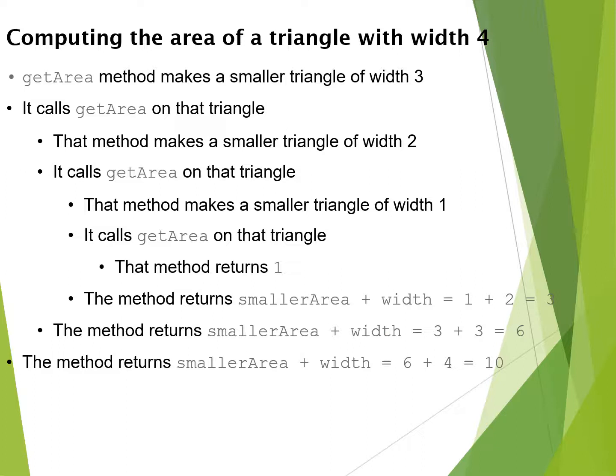And finally, the original getArea method, which we called for triangle of width 4, returns the smaller area plus width, which is 6 plus 4, which is equal to 10. So 10 is the fourth triangle number that is calculated in a recursive manner in the way that you saw.